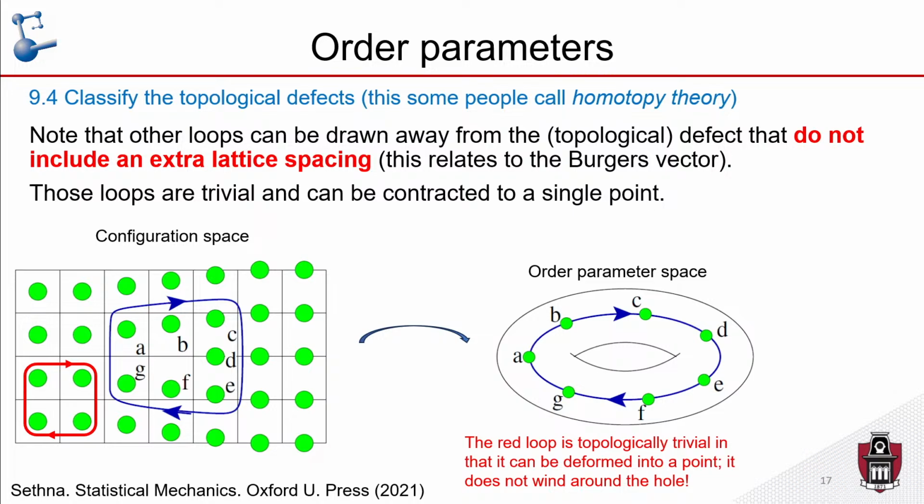And what you find is that in this parameter space, that winding will go somewhere else, and this loop can be contracted down to a point. It gives you a winding of 0. So this region here is trivial.